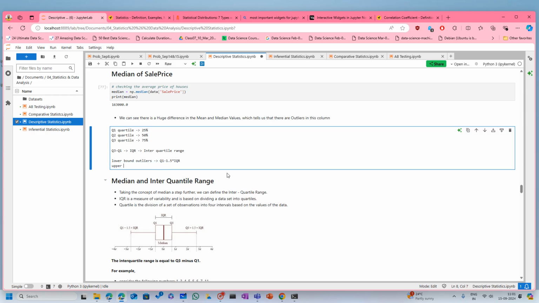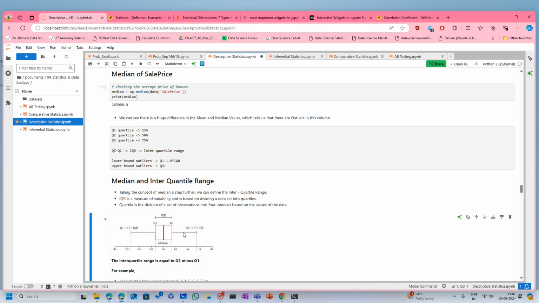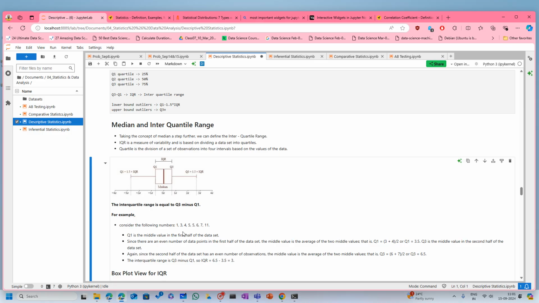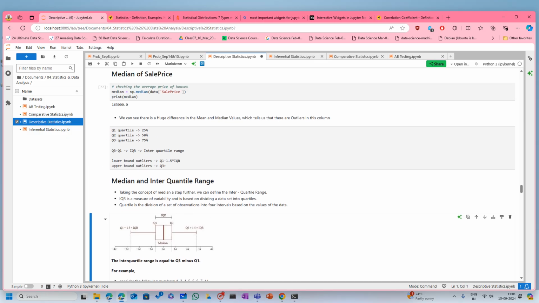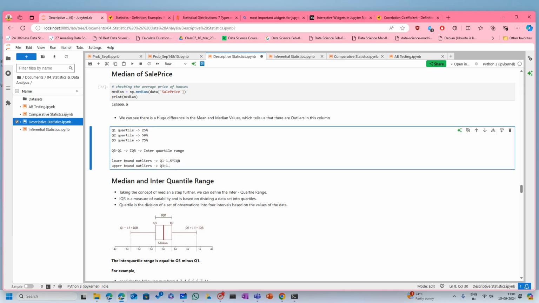For upper bound outliers, that is the higher valued outliers, you have the formula Q3. I think that is plus. Is that plus? Q3 minus Q1... I think it has to be plus only. Yeah, Q3 plus 1.5 times IQR.